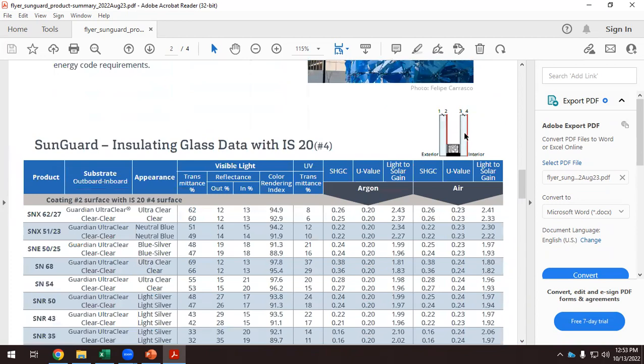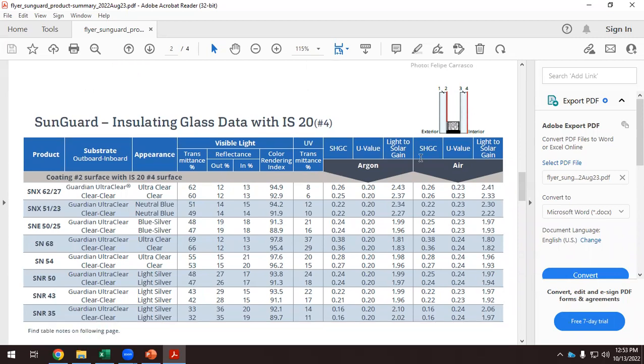Anyway, here they will explain why they put a coating here on layer 2 and another one on layer 4. I told you that they don't use to do this. They don't apply coatings on layer 4 interior, but apparently they do. But this is what I want. I want the U value and the solar heat gain coefficient.